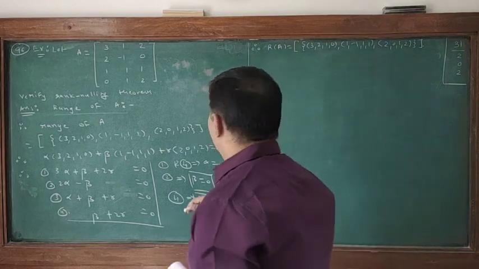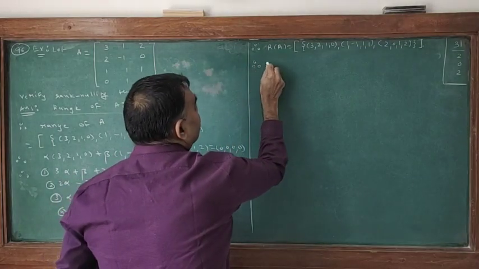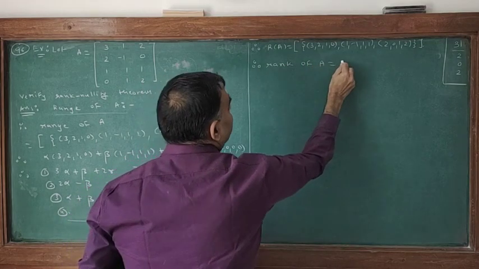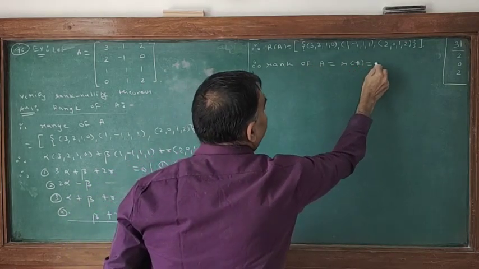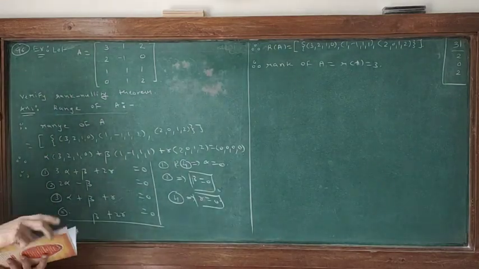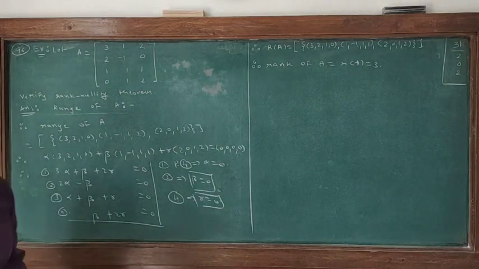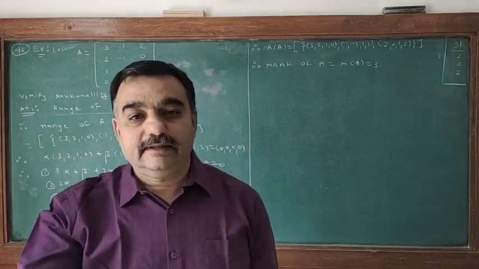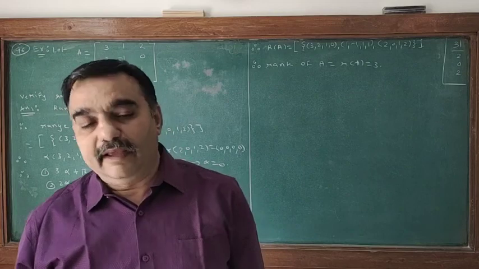And therefore, rank of A, that is RA, is 3. I will discuss null space and nullity in the next lecture. I stop this lecture here. Thank you very much.